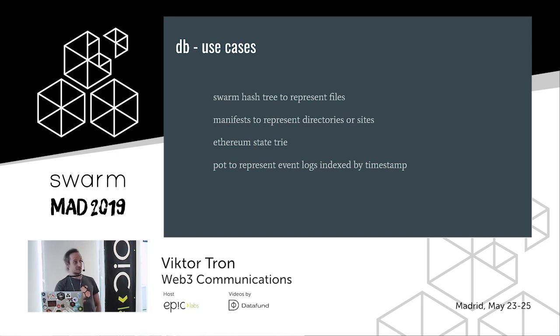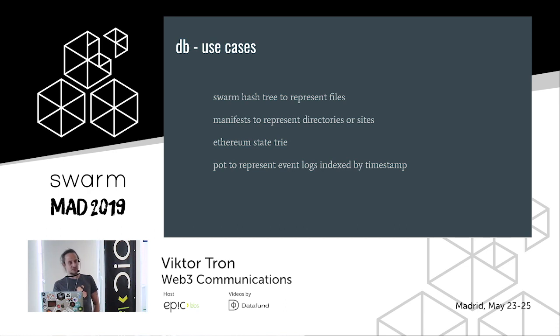And when you retrieve something bigger than one chunk, this is exactly what happens in Swarm: you take the root hash of the file, that's the file's address, and unpack it and see what its children are. You successively retrieve them, and ultimately you get to the data chunks and you have the file.